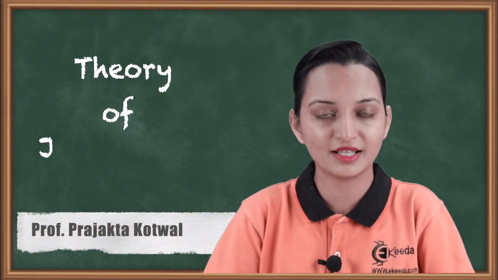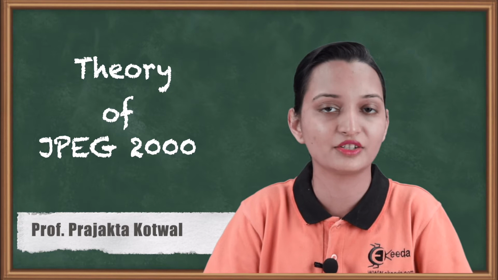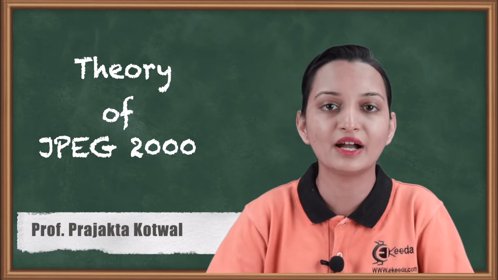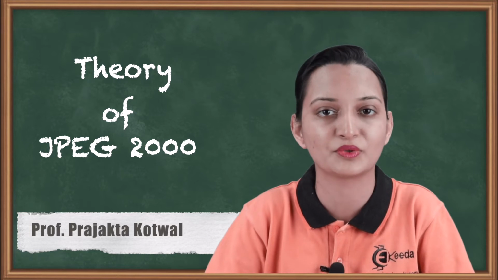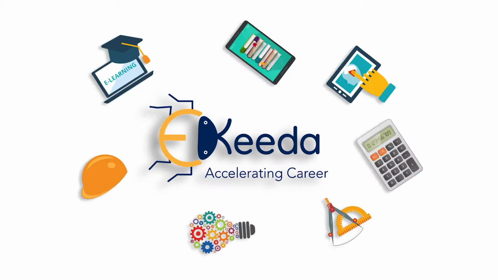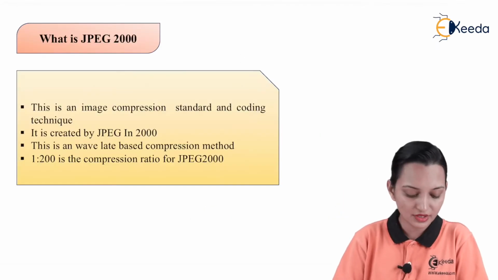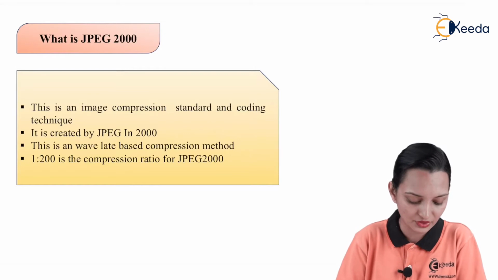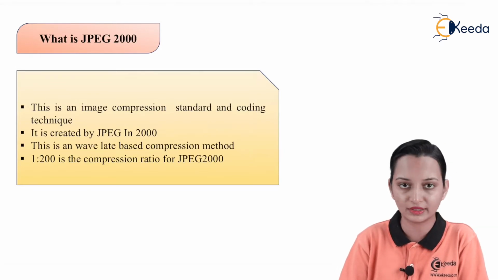Hello friends, in this video we will try to understand the basic idea behind JPEG 2000 and why it is necessary to develop a JPEG 2000 model. The first thing is that JPEG 2000 is an image compression standard and coding technique.